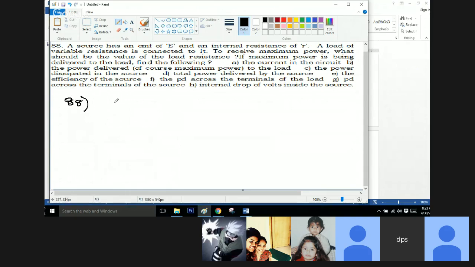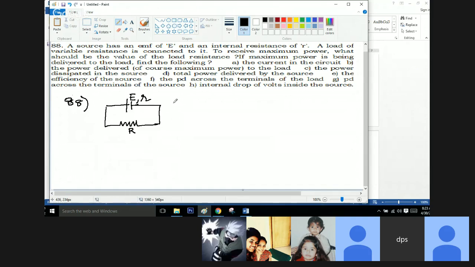A source EMF E, as usual, internal resistance r. Some load is connected. That load outside resistance we call as capital R. Then what would be the value of load resistance if maximum power is being delivered to the load? Find the following. Maximum power transfer theorem, do you remember?